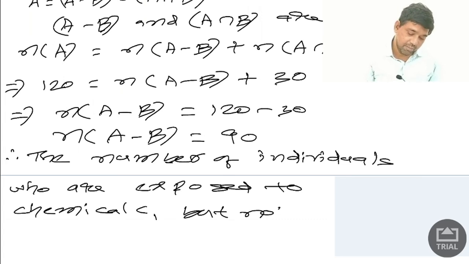From the Venn diagram, this set B is B minus A union A intersection B. B minus A and A intersection B are disjoint sets.